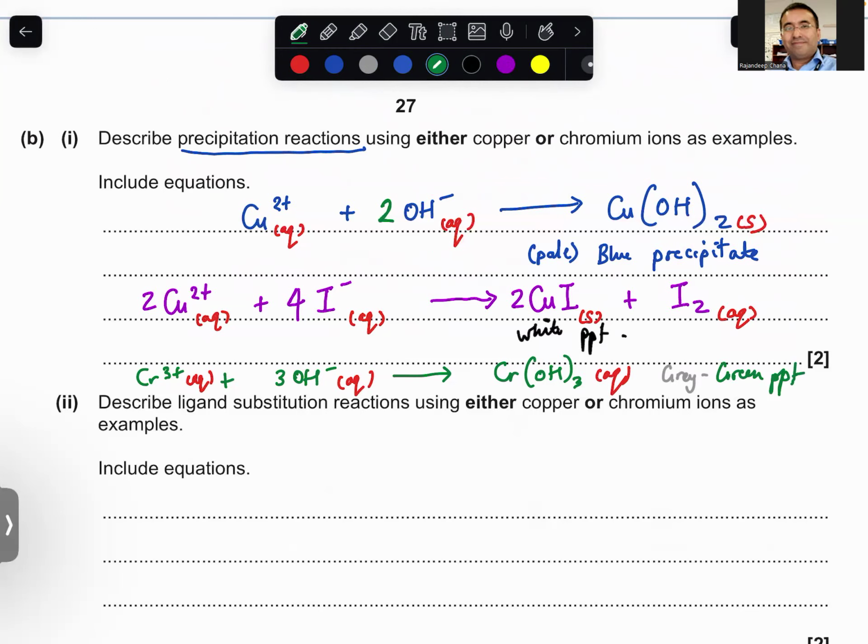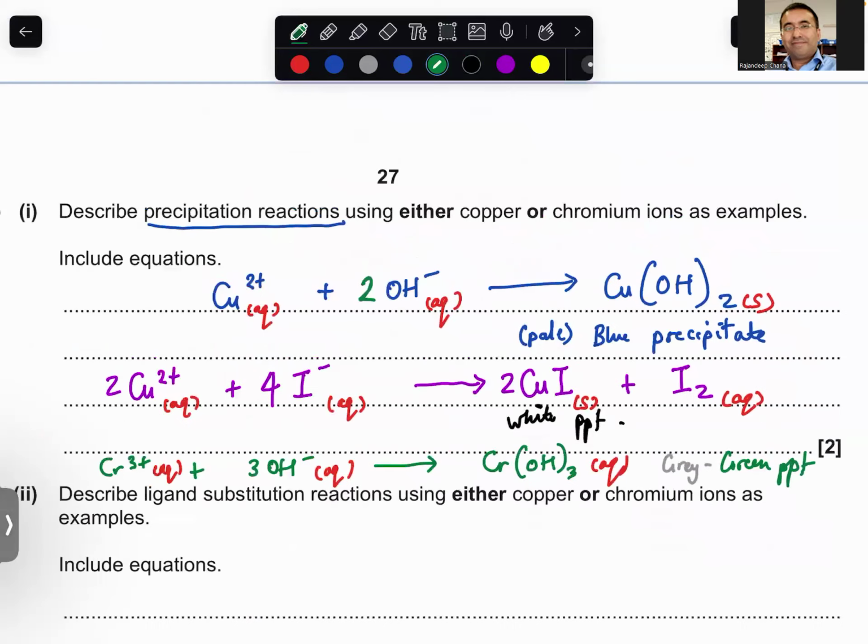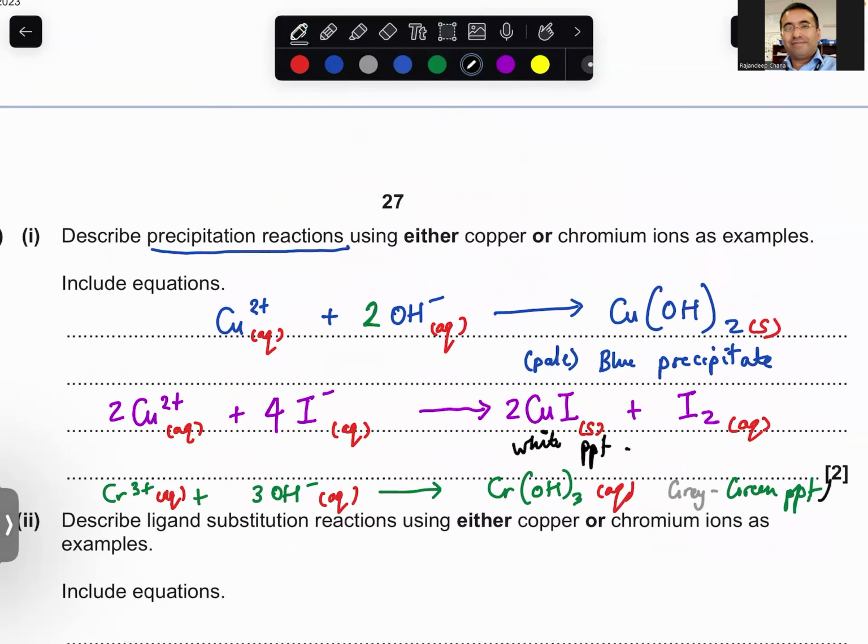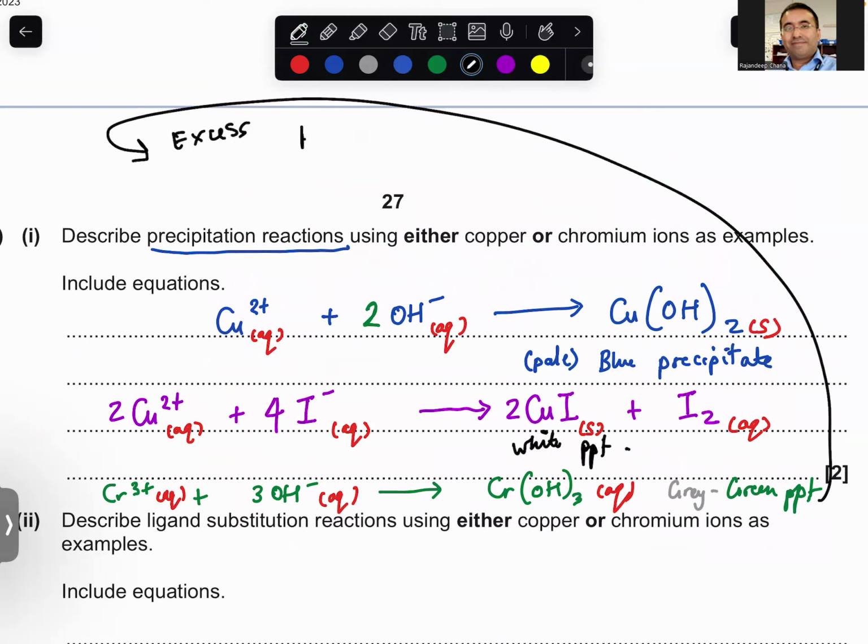And again, as we're here, this is a bit of an add-on. If you were to add excess sodium hydroxide to aqueous chromium 3+ ions, this precipitate actually dissolves in excess hydroxide ions, which gives you Cr(OH)6, which becomes aqueous.